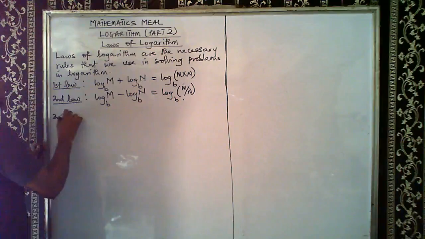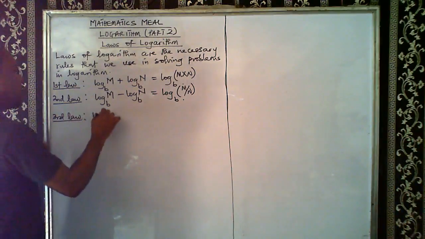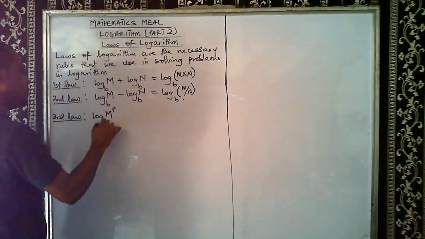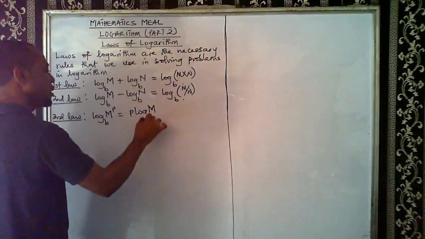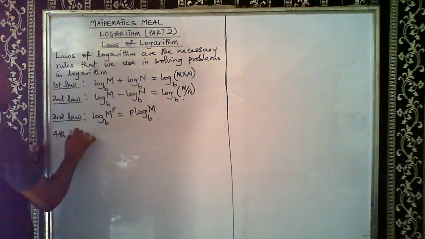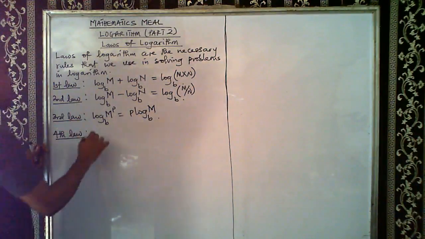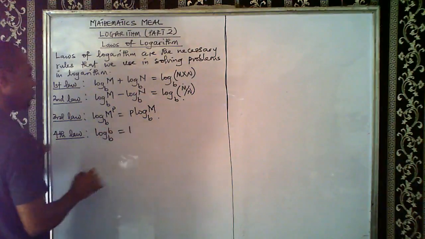Then the third law, we have that log m raised to power p in base b, same thing as p log m in base b. Then the fourth law, we have that log b in base b is equal to 1.